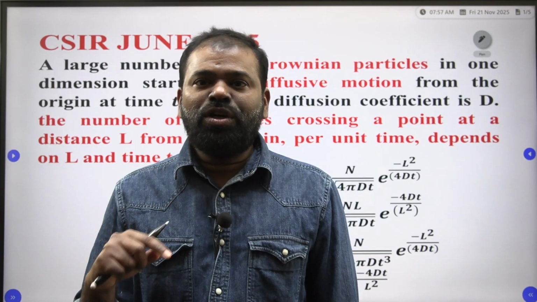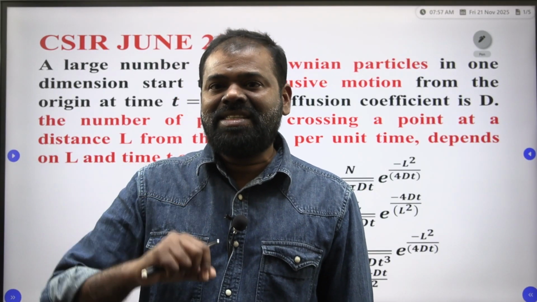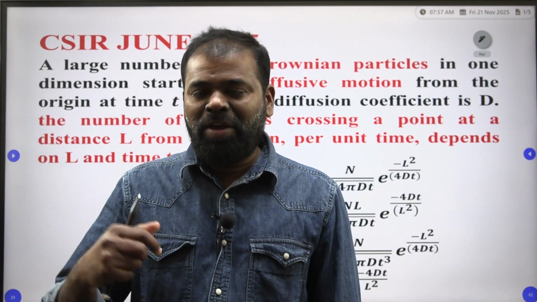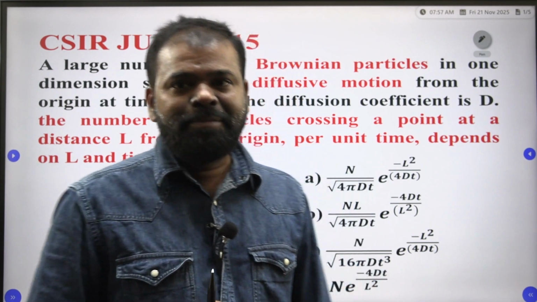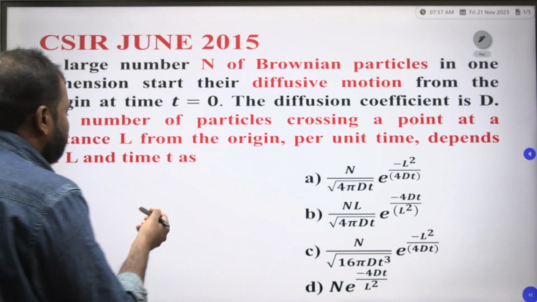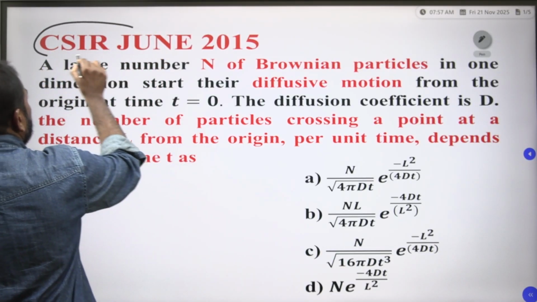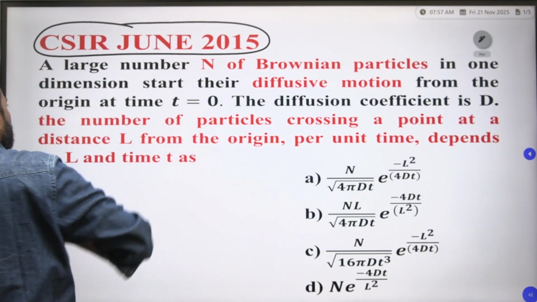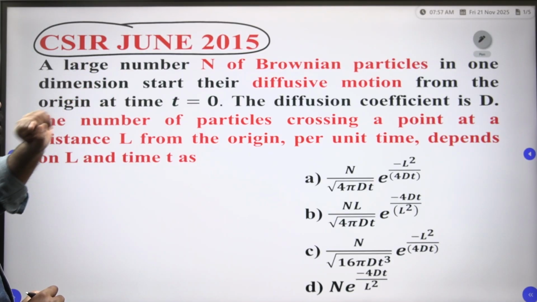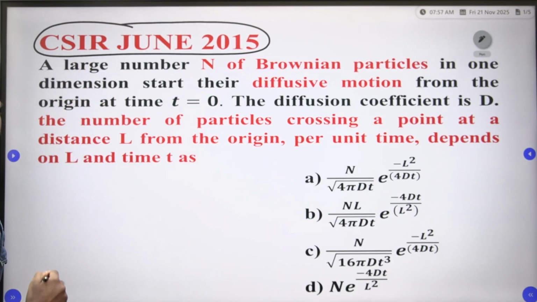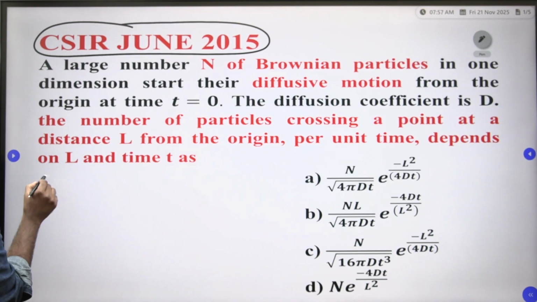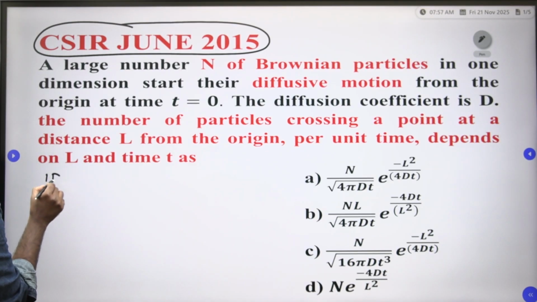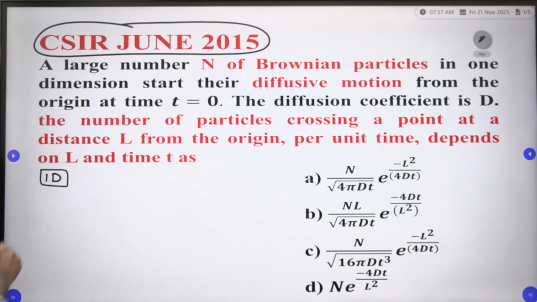One Brownian motion question came in the previous CSIR PYQs, CSIR June 2015. You see a large number n of Brownian particles in one dimension. They start their diffusion motion, so there is a diffusion equation.